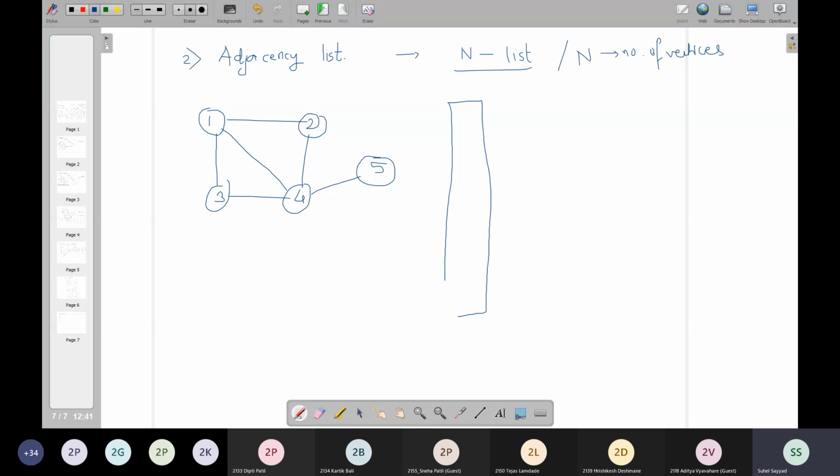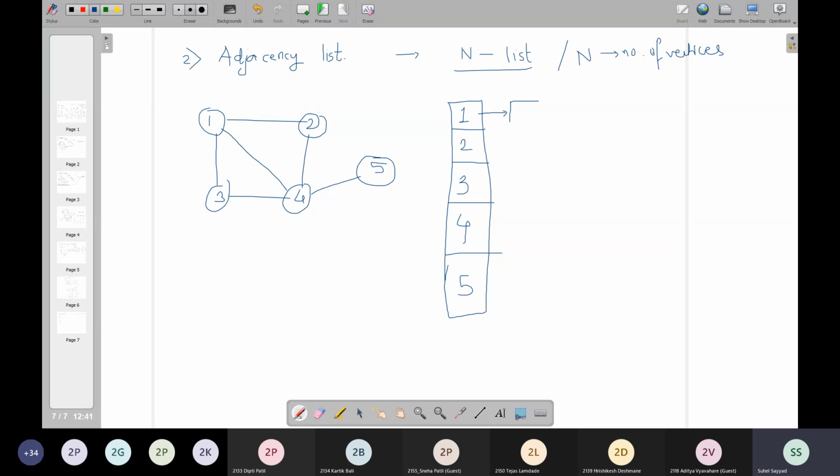So for these 5 linked lists, I have 5 external reference pointers. This is for the first vertex, this is for the second vertex, this is for the third, this is for the fourth, and this is for the fifth vertex. Now what is the linked list of 1 going to do?